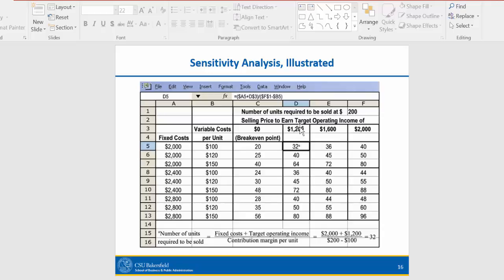If you want to have a target operating income, how many units you might want to sell. Sensitivity analysis is pretty good for simple business models. If you sell only one product or two products, and the conditions are not very complex, then definitely sensitivity analysis is very useful.